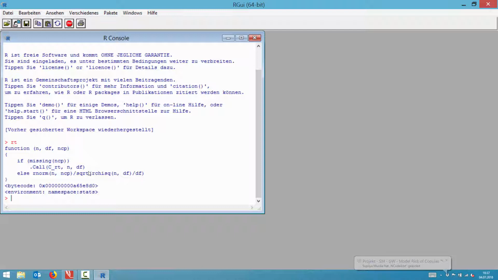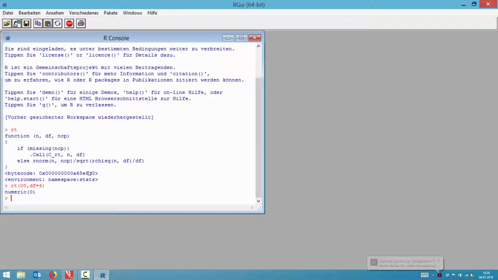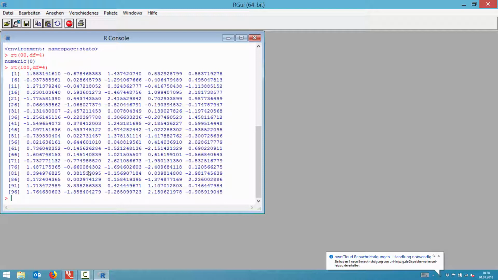Let's use now the student's T distribution. As you know, the student T distribution has one parameter, the degrees of freedom, that's df. Oh no, this is 100. And you get 100 random numbers from a student's T distribution with 3 degrees of freedom.